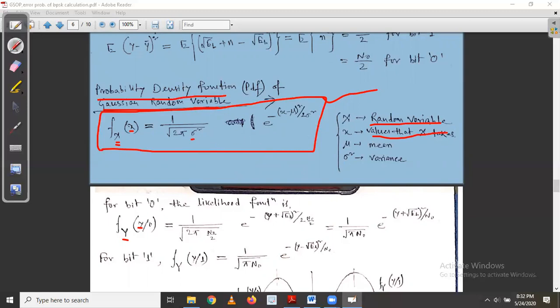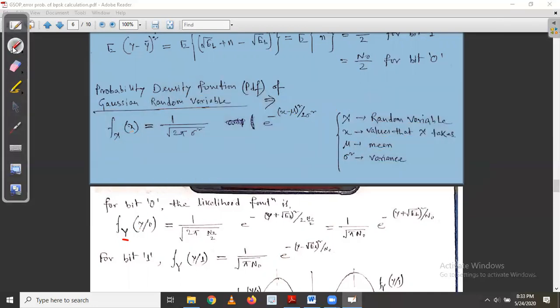This is your variance, and this mu is actually the mean. This is the definition of the Gaussian PDF, the probability density function of a Gaussian random variable, in which these are the parameters.